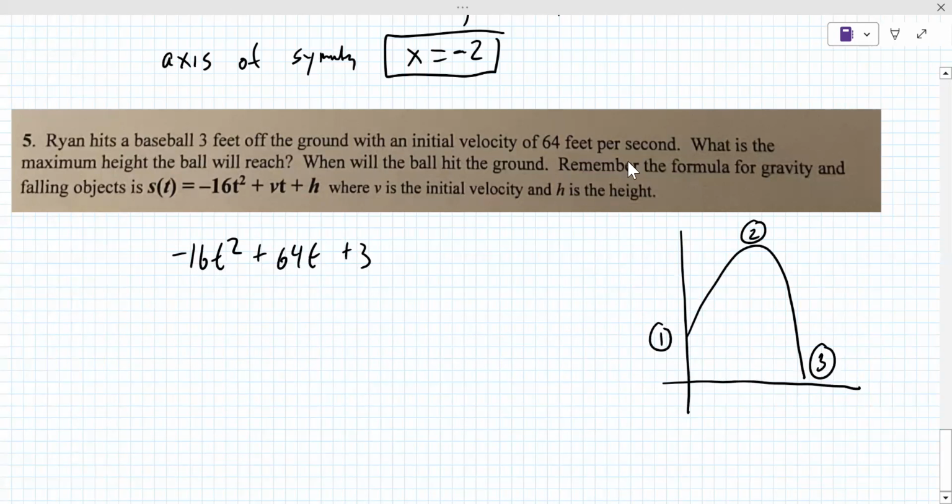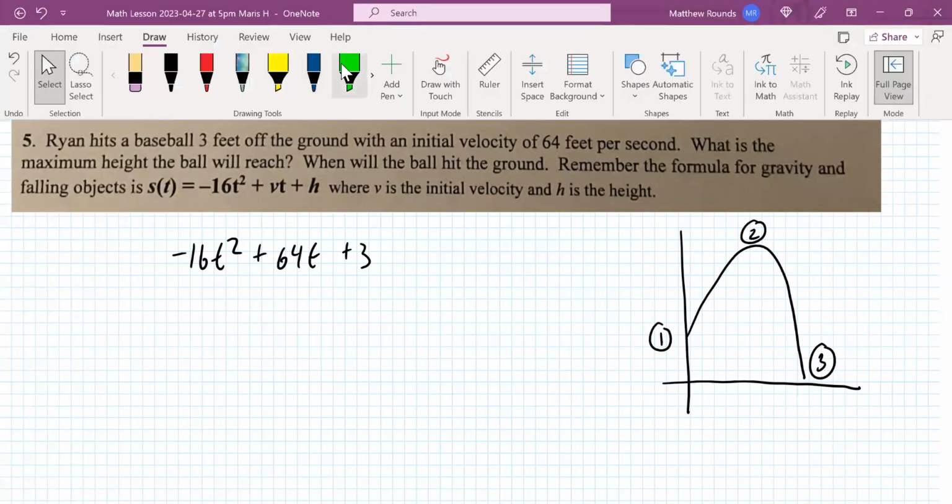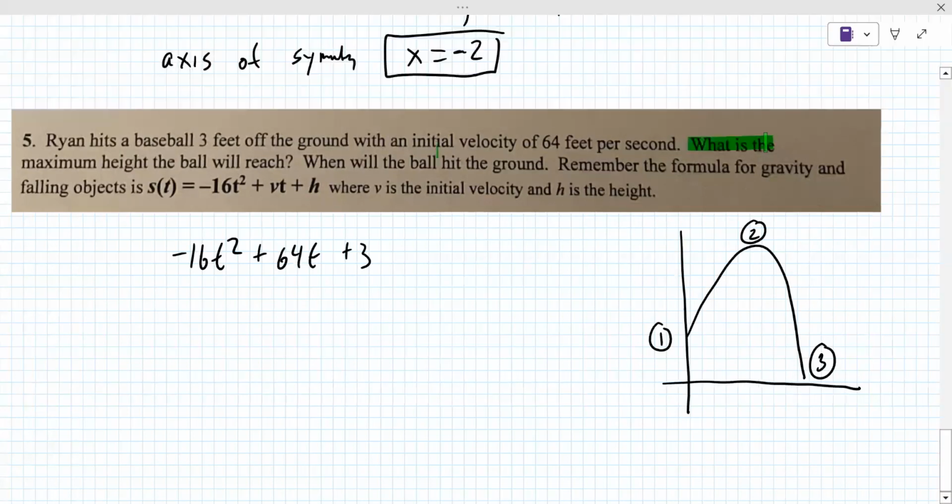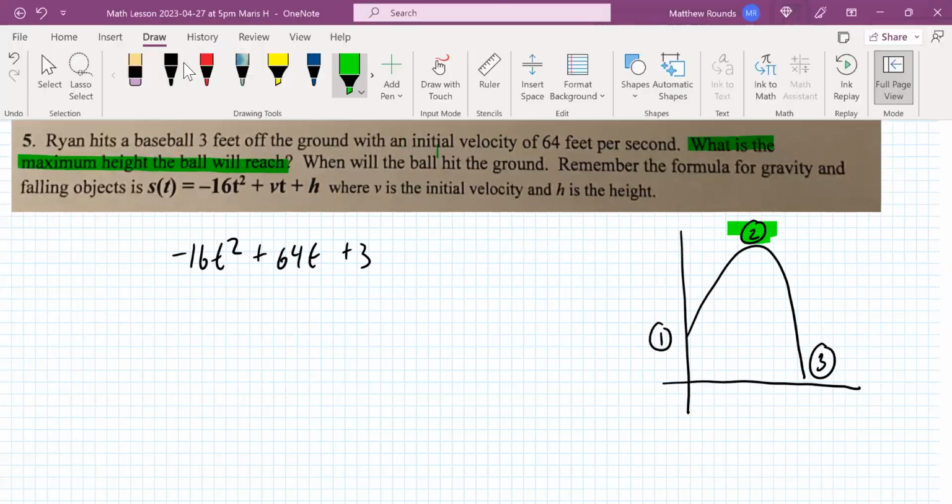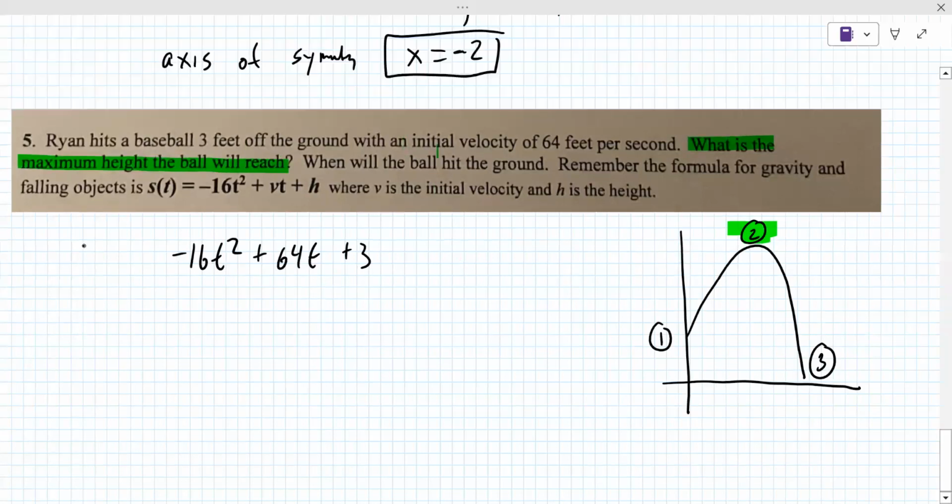One of the reasons we're not getting very far in this is because every question's asking for multiple things. So the maximum height the ball will reach is the vertex. Just like the last problem, we should use formulas to do that. Minus b over 2a. That'll give you the x coordinate of the vertex.